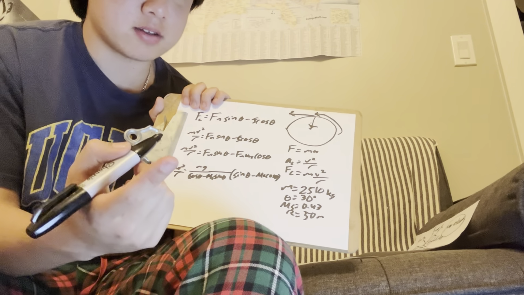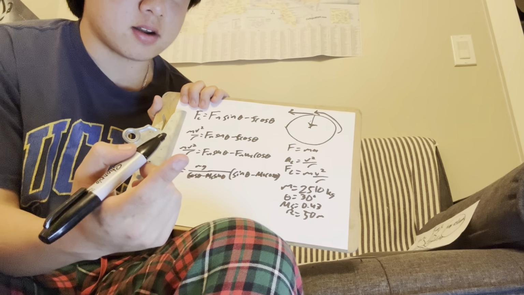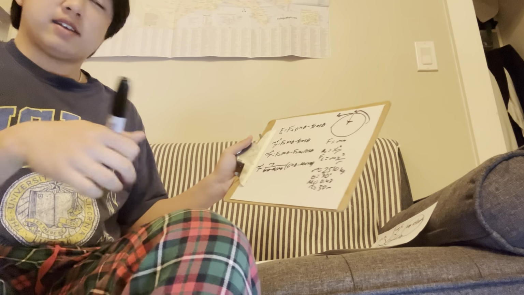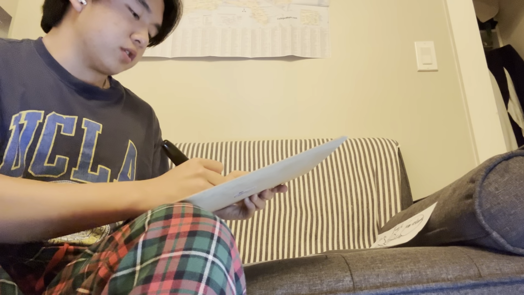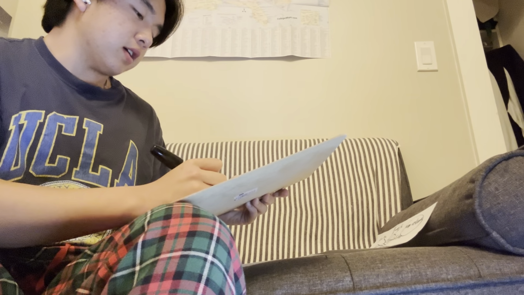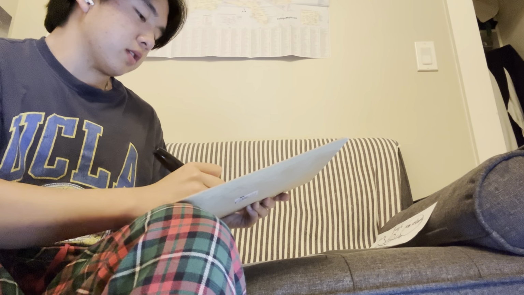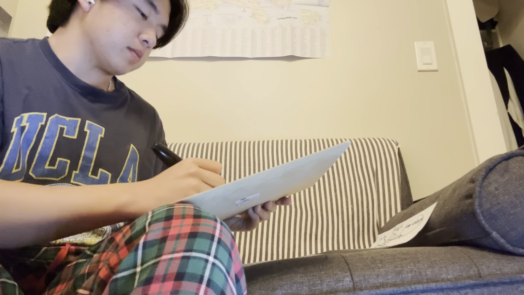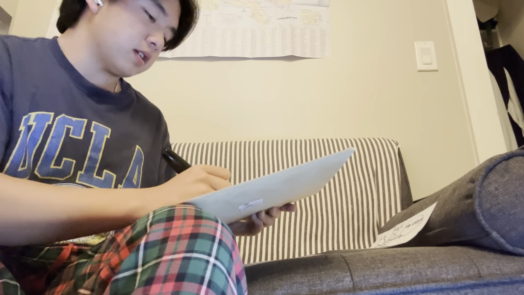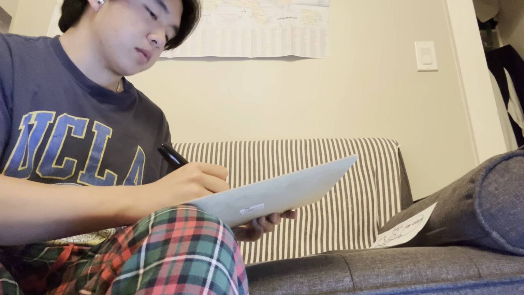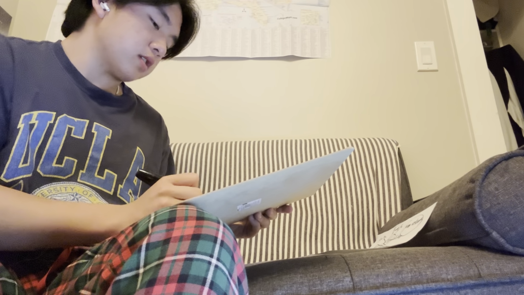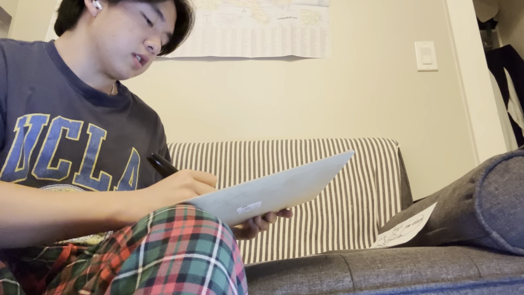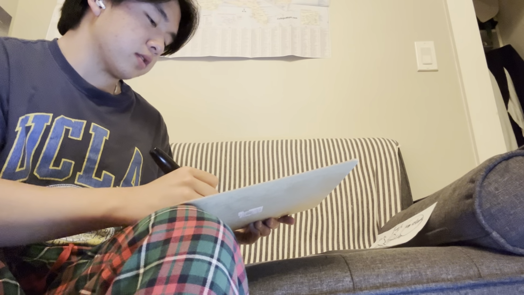And when we do that, hold on. Sorry, I forgot how to do algebra. When we isolate v, we'll get that v is equal to the square root of r times g times sine theta minus mu s cosine theta over cosine theta minus.